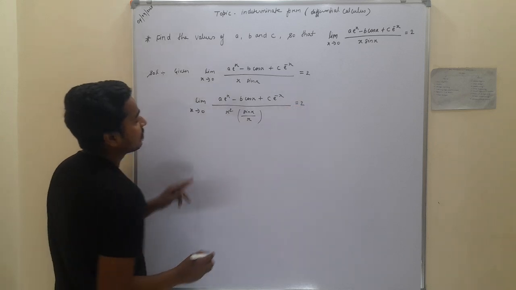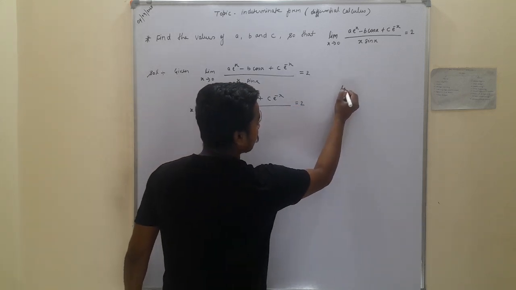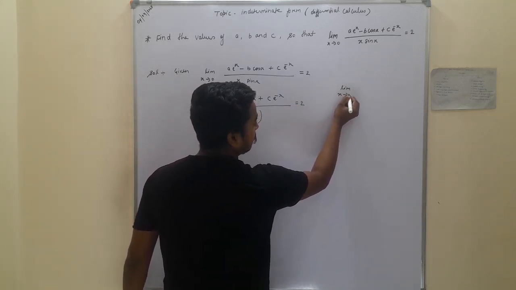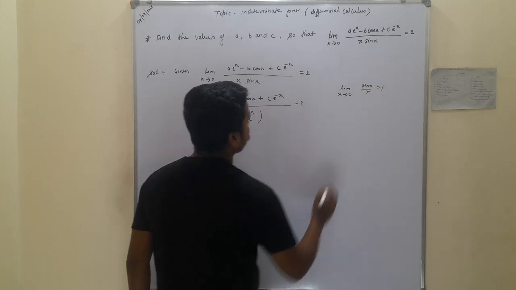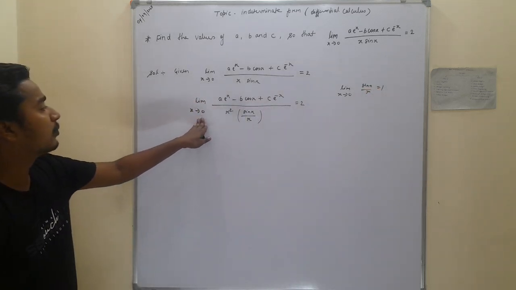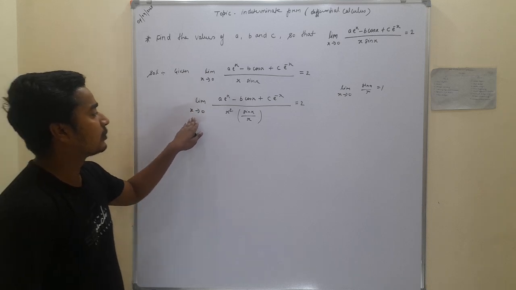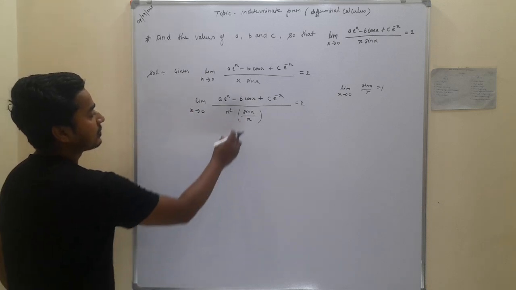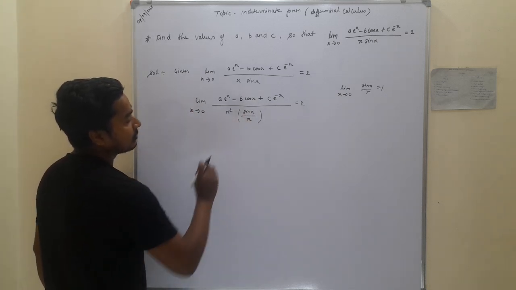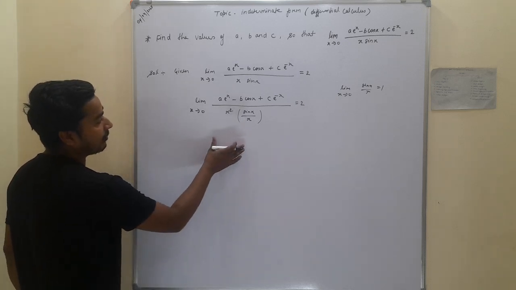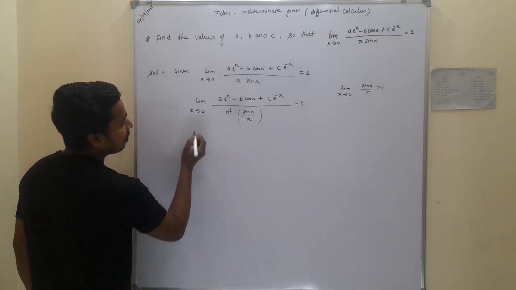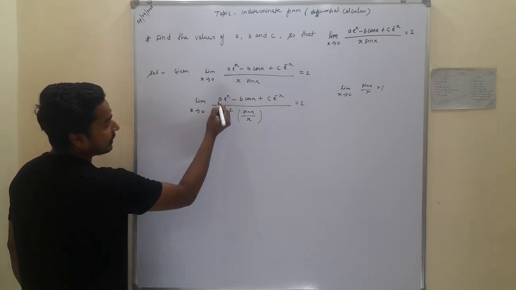We know that the limit as x tends to 0 of sin x / x is 1. When we put x tends to 0, sin x / x is 1, and further we put the value of x tends to 0.